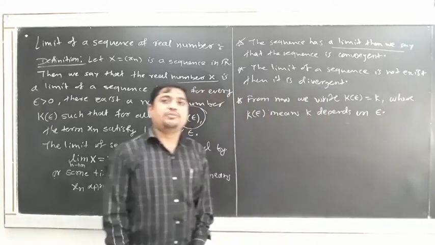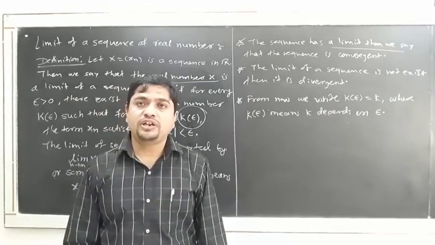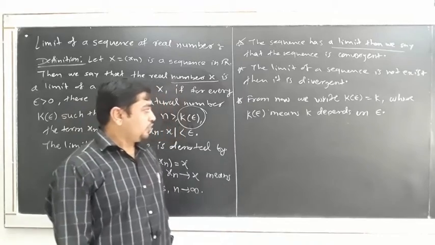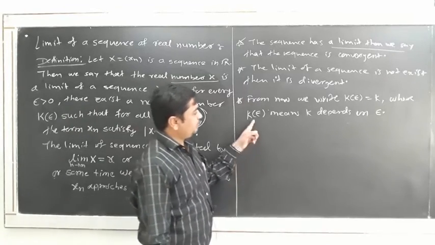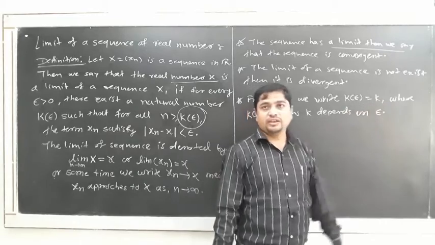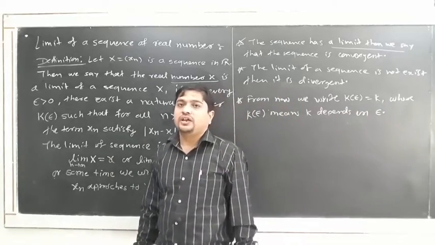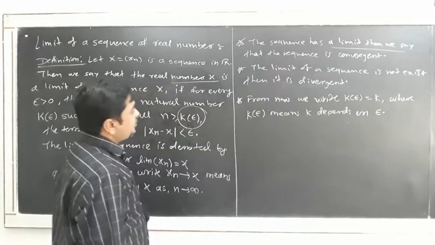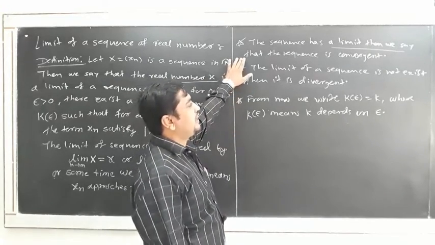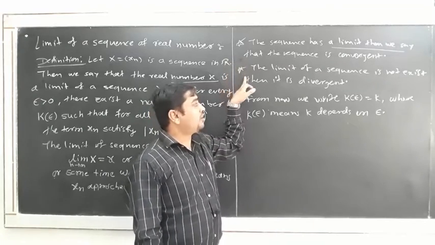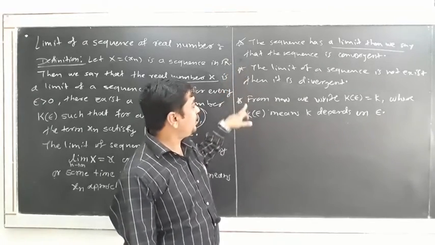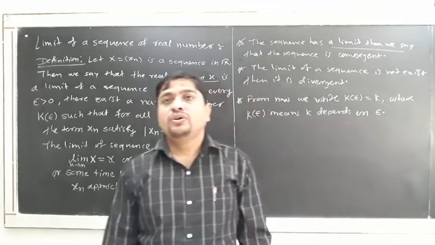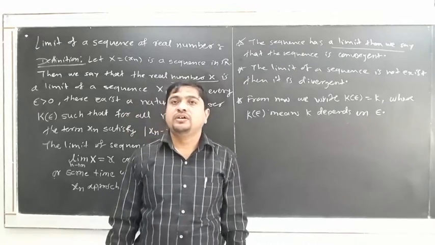If epsilon changes, K changes. So instead of K(epsilon) we are writing now K. So what we saw here: the definition of a limit, then a convergent sequence if the limit exists, a divergent sequence if the limit does not exist, and instead of K(epsilon) we now write K only.